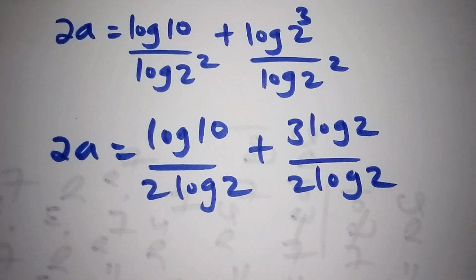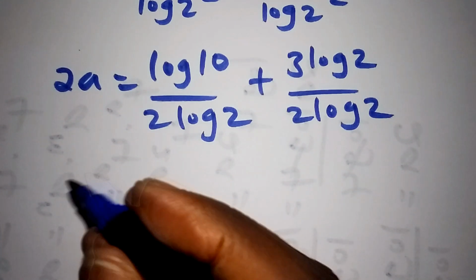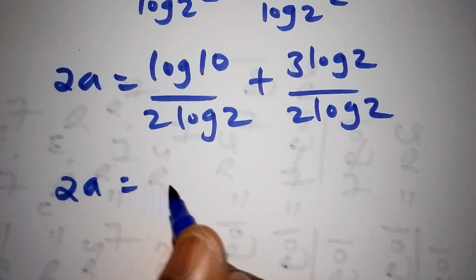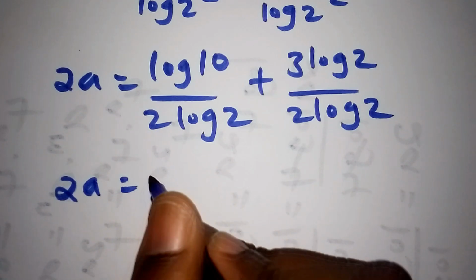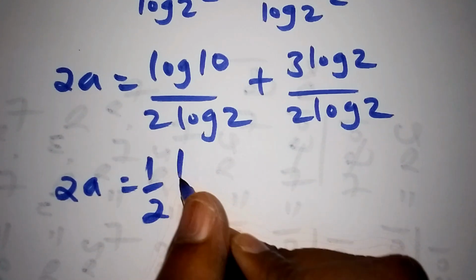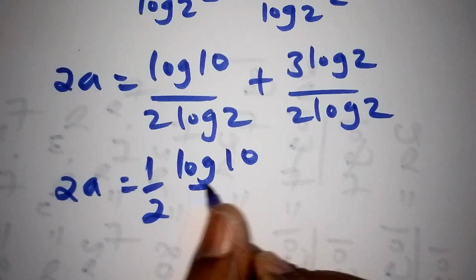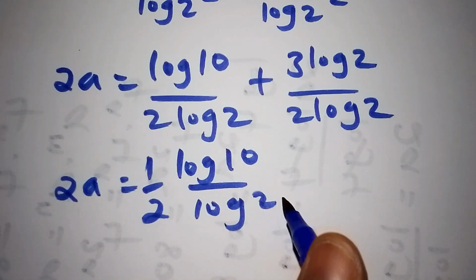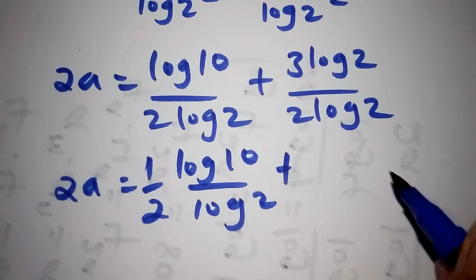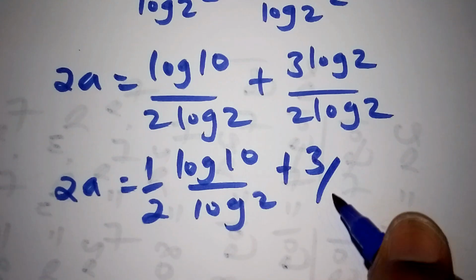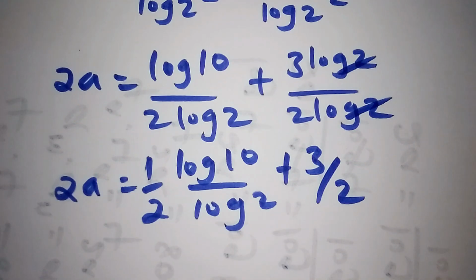So our value for 2a is equal to 1 over 2 times the log of 10 all over the log of 2, plus 3 all over 2, because log 2 and log 2 cancel.